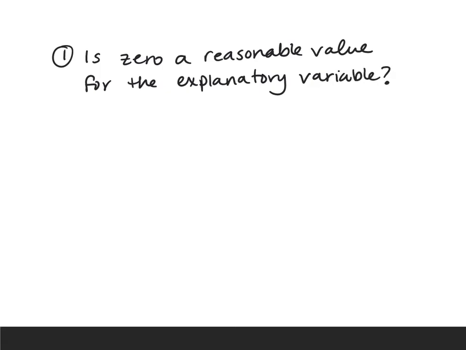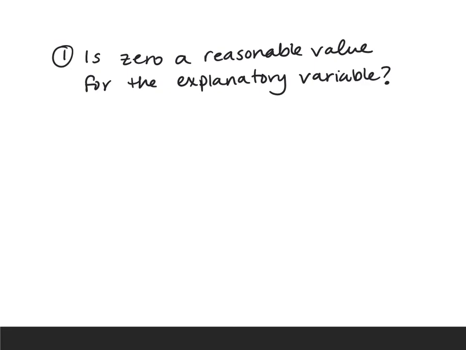And sometimes it's not. So if I'm talking about height and weight, the height of a person versus their weight, then putting in 0 for someone's height is not going to be reasonable, because someone can't be 0 inches high. Even babies born prematurely and teeny tiny.